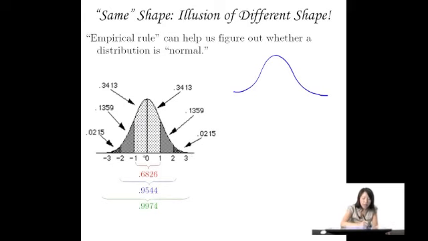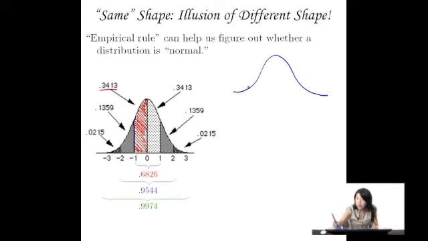Here's what I mean. When you go 1 standard deviation out from the mean, or the line of symmetry, that area right here, let me color it in red to fit with what I have down here. This area should be about 34% of the curve, right? And that's always the case in a normal distribution.